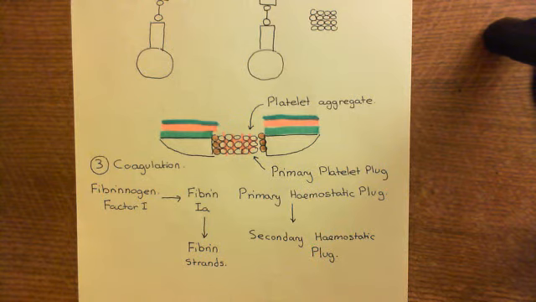Then the third component is that you start the coagulation cascades to turn fibrinogen into fibrin strands, and this is going to form a very thick meshwork that holds all of the platelets together and forms a very solid plug in the side of the blood vessel wall, and that's how you stop blood from going from the lumen into the external world, basically.